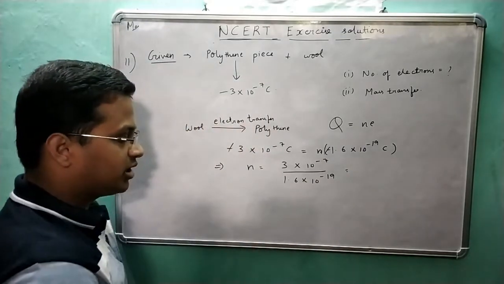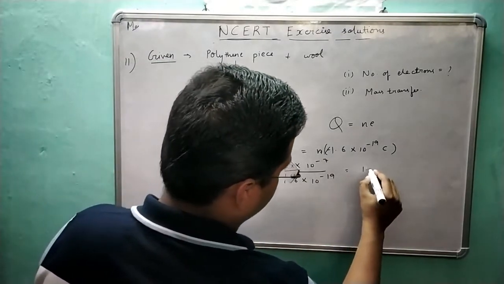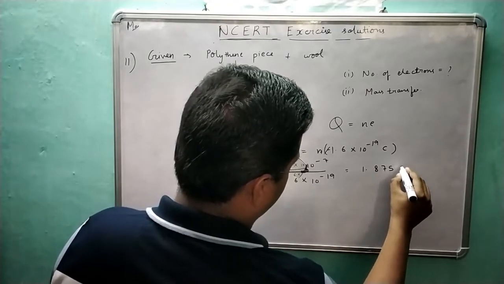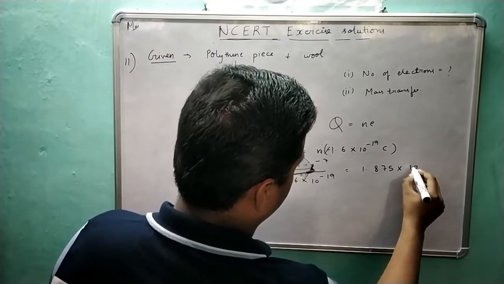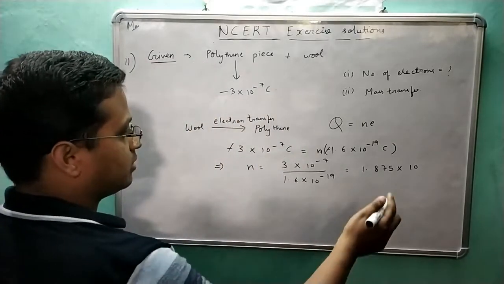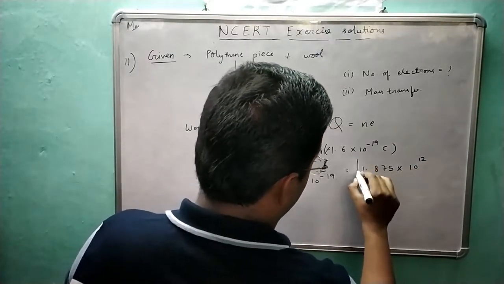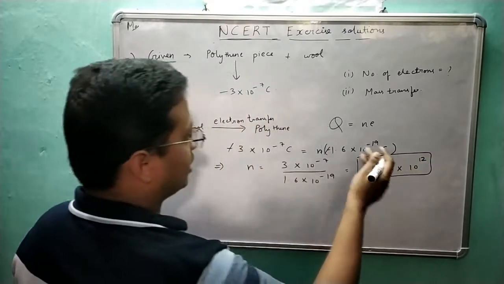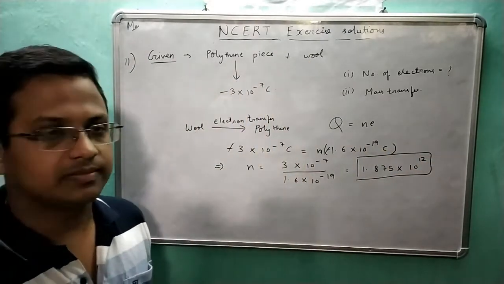After solving this, you will get something around 1.875 into 10 to the power 12. So this many electrons have transferred from wool to polythene.